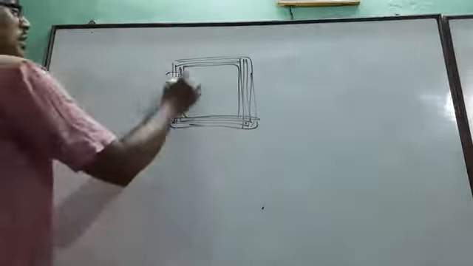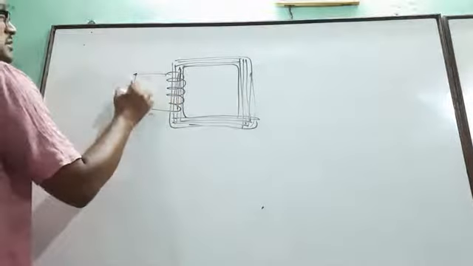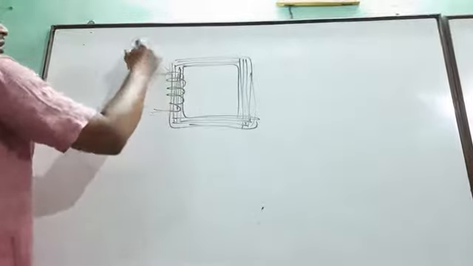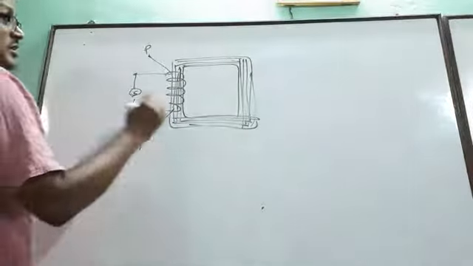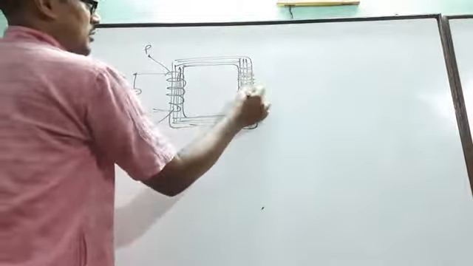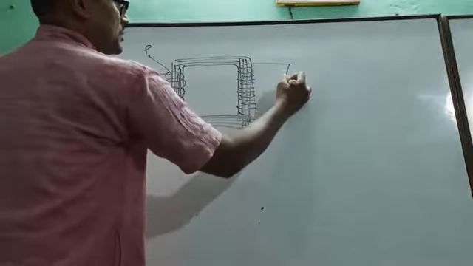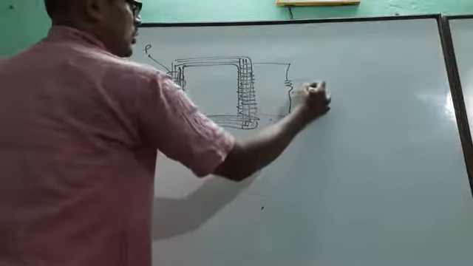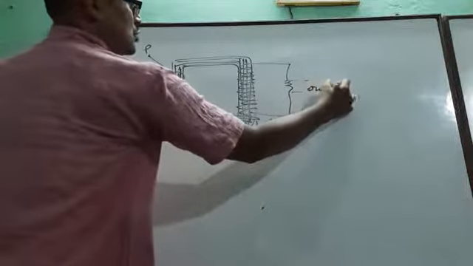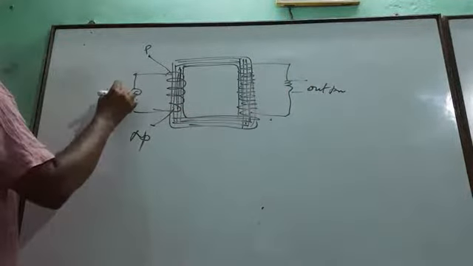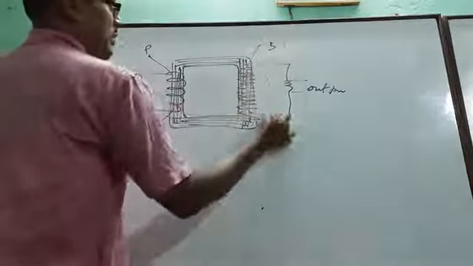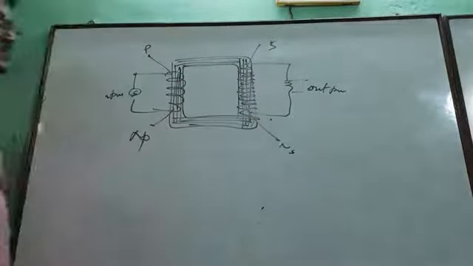Here we have one coil, which is the primary coil, with number of turns NP. Here the number of turns is more. This is the input, and this is the output voltage from the secondary coil, with number of turns N secondary.